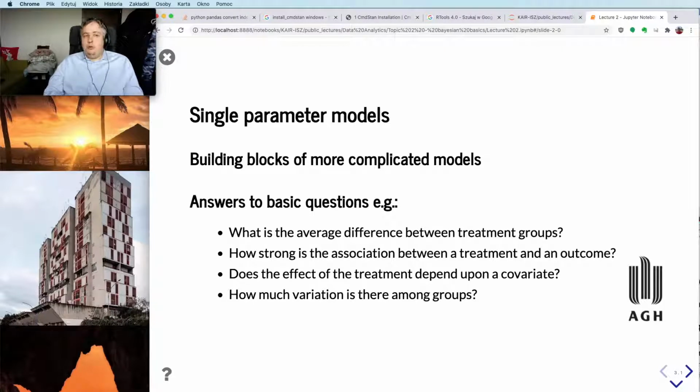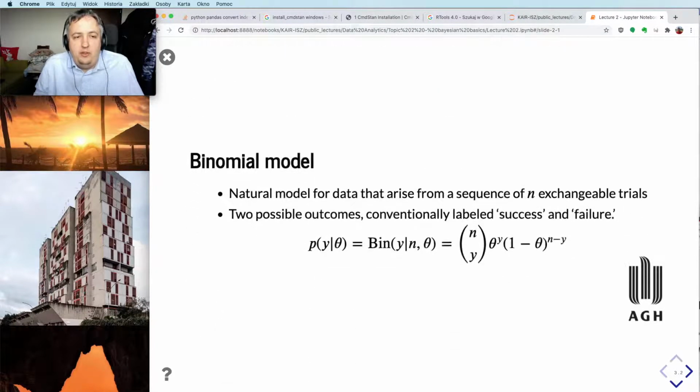Or we just want to verify whether the effect depends on a certain additional covariate or not, or even how much variation there is between the groups, how much spread is in each group. We want to estimate those values, and for that we will be using these single parameter models.